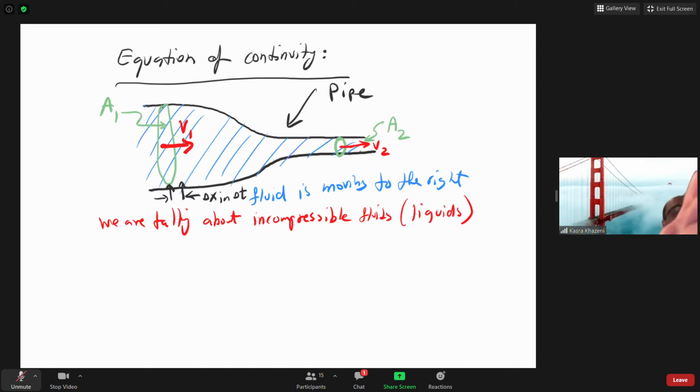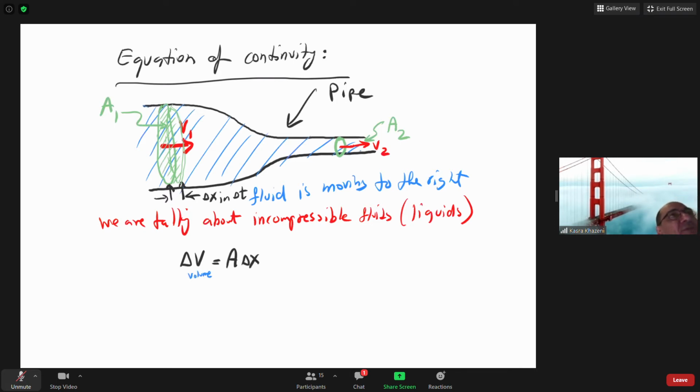And then obviously the amount of volume in this little cylindrical region is equal to the cross-section area times delta x, by the very definition of volume. The thickness, which is delta x, times the cross-section area is the amount of volume.